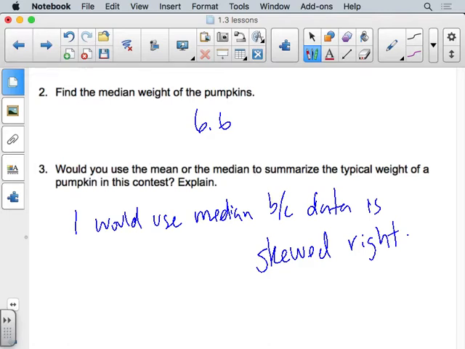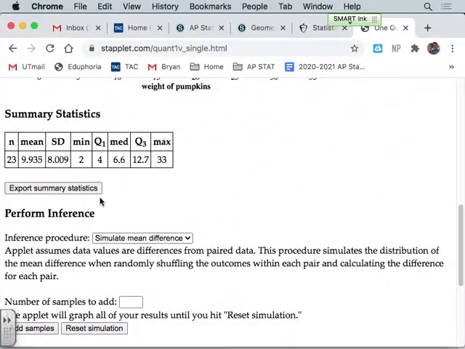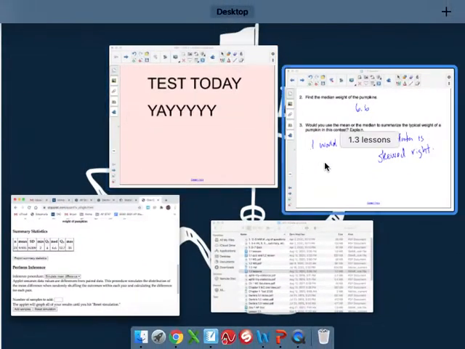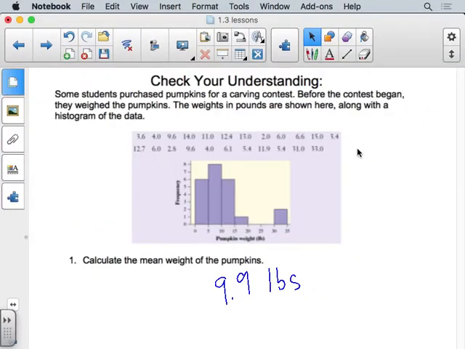Okay, and then I just put it in Statlet because I wanted to look at standard deviation as well. So standard deviation is 8.009. So standard deviation is roughly 8. So that just means the mean weight of the pumpkins typically varies 8 pounds from the mean of 9.9 pounds.